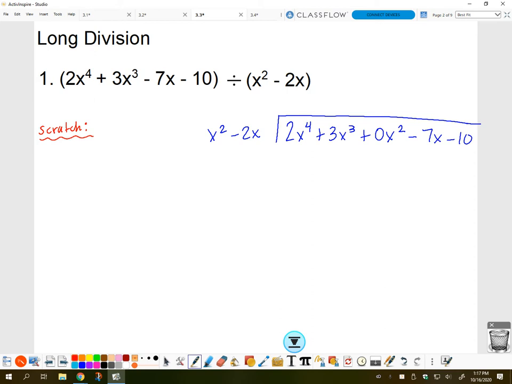So step 1, take the first thing underneath, divide by the first thing outside. That goes up top. Then you're going to take that thing you just got, multiply by the jump on the outside.